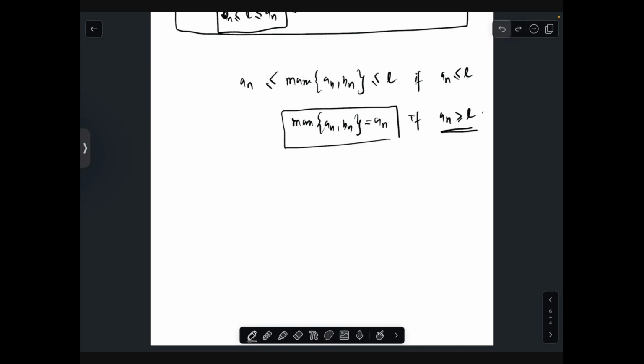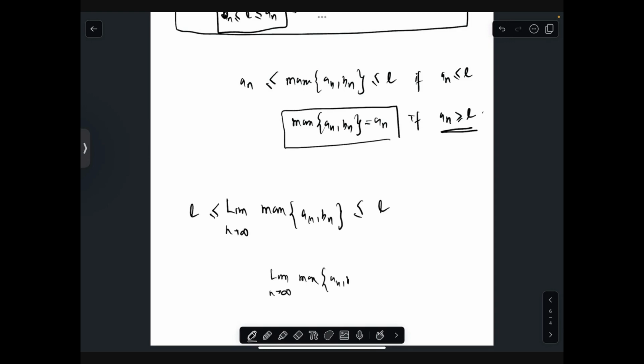So what you can understand is this, that whatever is the case, if you take the limit on both hand sides now, you will get that here it's L and here also it's L. And in this case, you will also have the limit as n tends to infinity of the max of an, bn equal to L. So you have both the limits equal to L, and hence in both the cases, the cn will be converging to L.